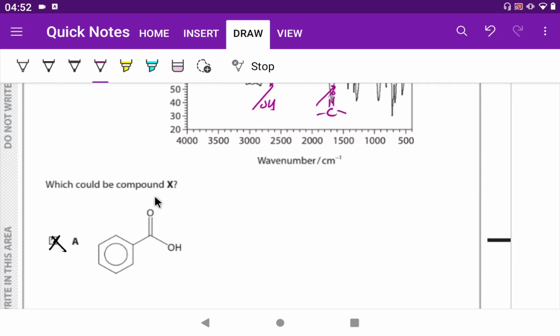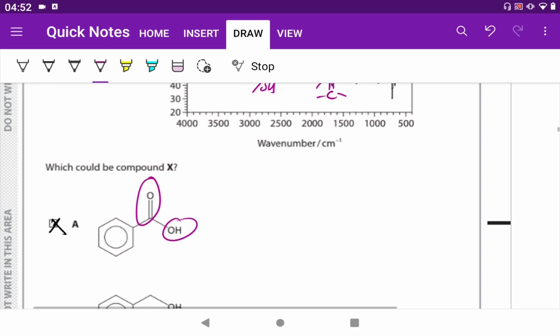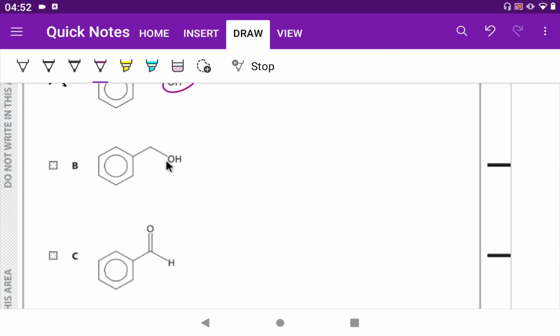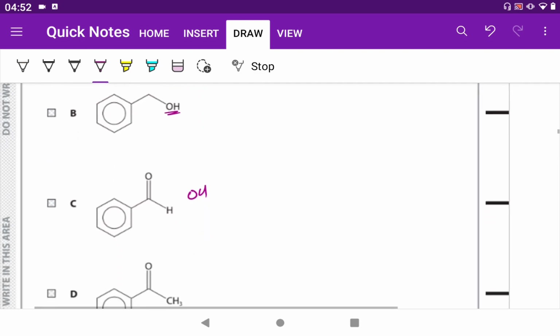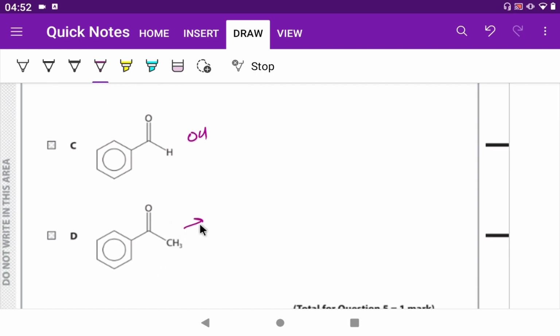So this C double bond O and OH group. So the correct answer is A, because none of the others has both. One has an OH bond but no C double bond O bond. Another has C double bond O but not an OH bond, or this one also does not have an OH bond.